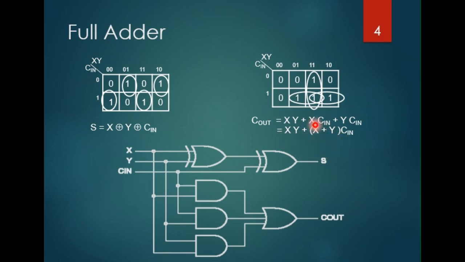Or you can just rearrange the literals to get a slightly different solution consisting of slightly different gates. So this circuit represents logic for sum, and this one the logic for carry.